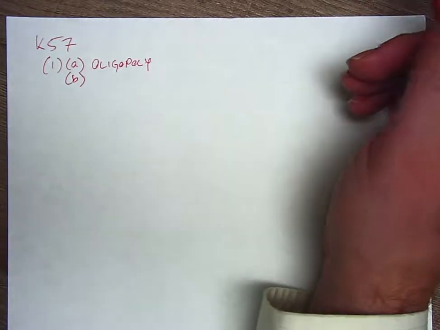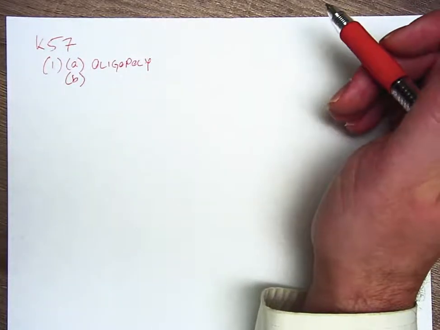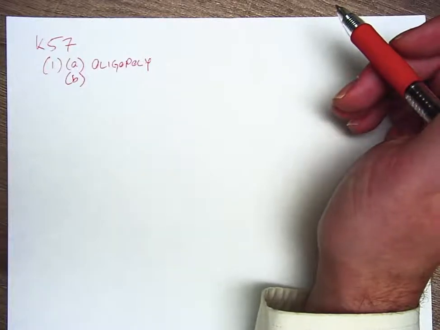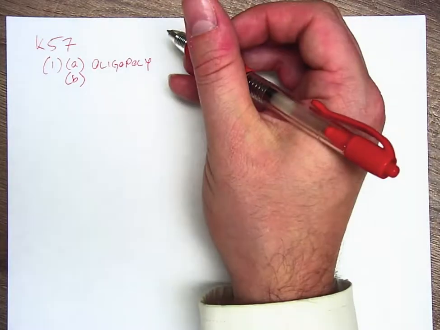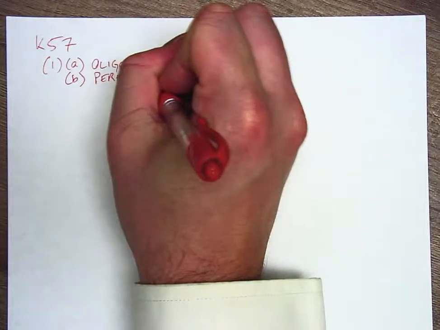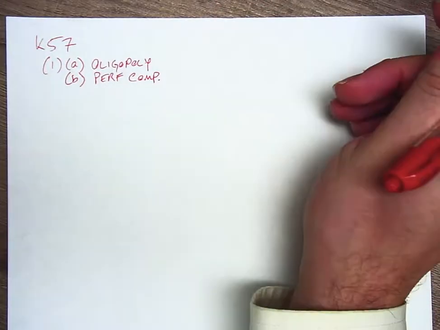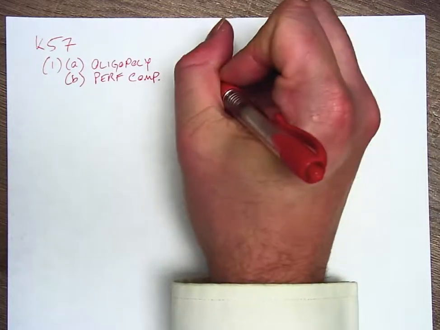So that would be many buyers and sellers, and we'd say that there's no product differentiation. With no product differentiation, because it's identical products, we'd say it's perfectly competitive. Now, we know that in reality, probably the soybean market isn't perfectly competitive, but it's about as close as we're going to get in the real world.